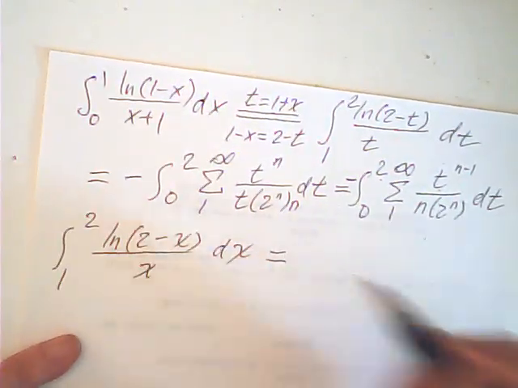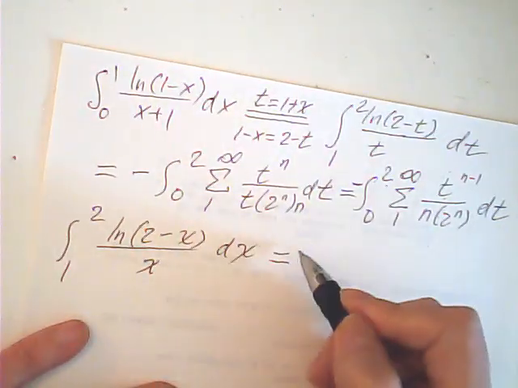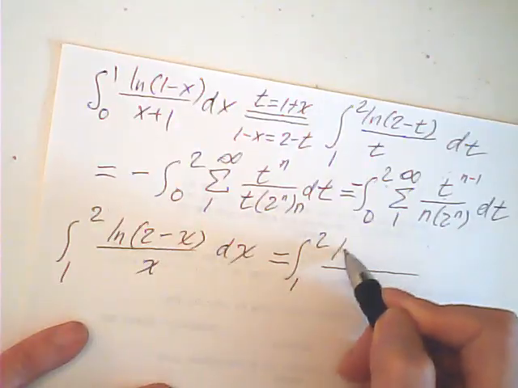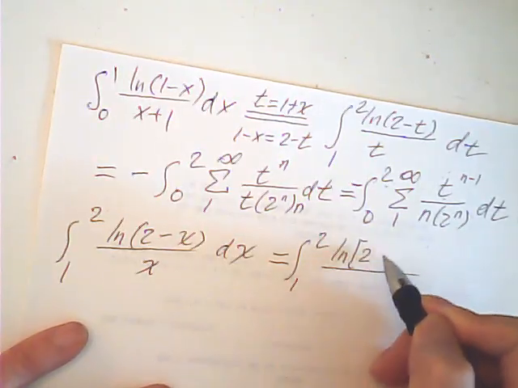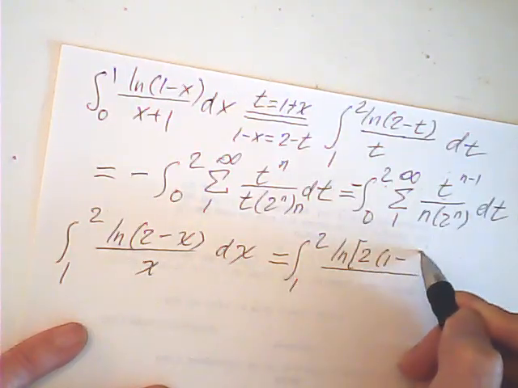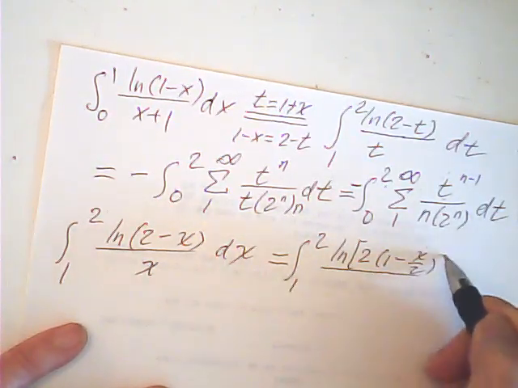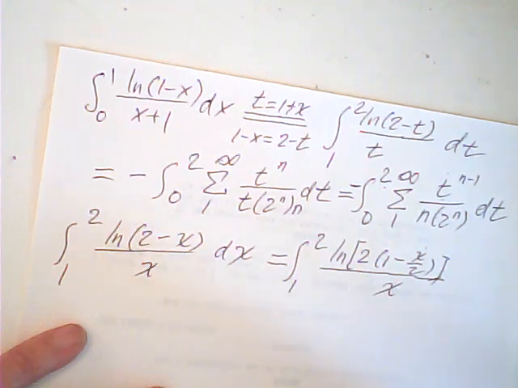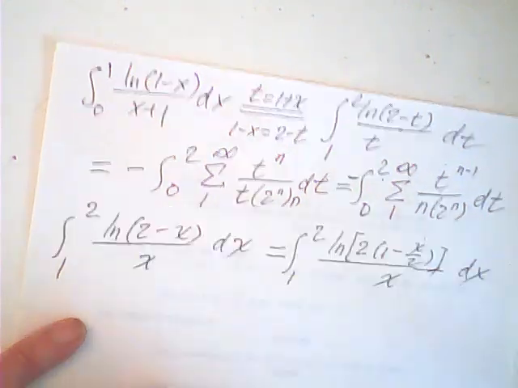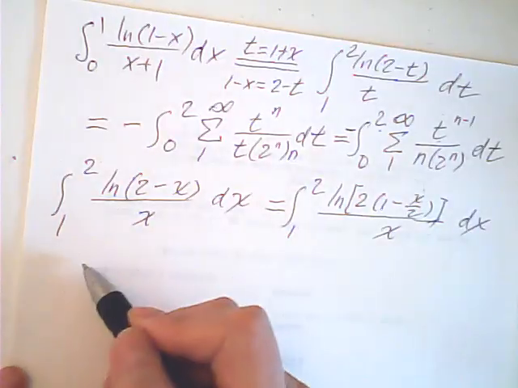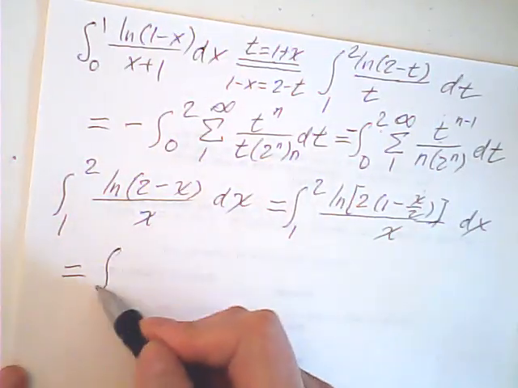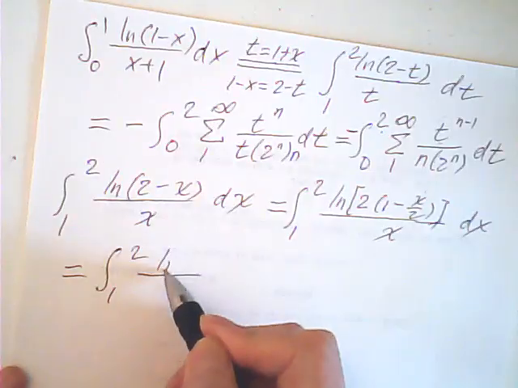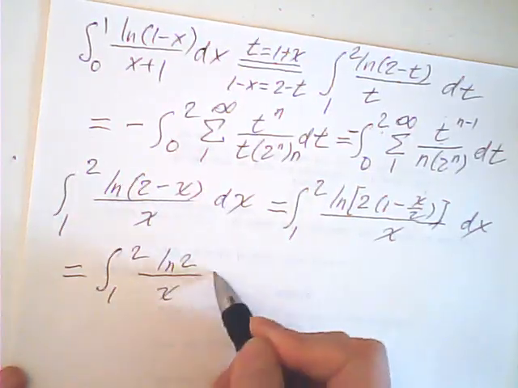I can do this, can I? 2, 1 minus x over 2, x dx. Yeah, that's okay. So this one equals natural log 2 over x dx, right?